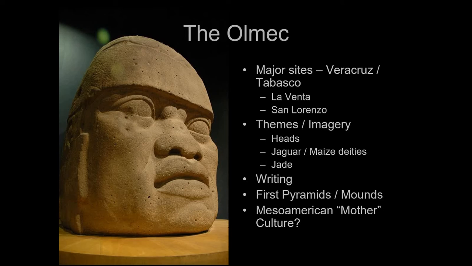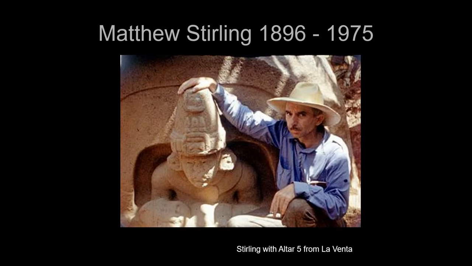It should be stated that the Olmec are a relatively recent discovery. People knew that there were civilizations out there and knew that there had been a culture out there since about the time of the conquest. And people had poked around some of these mounds and they knew they were artificial.